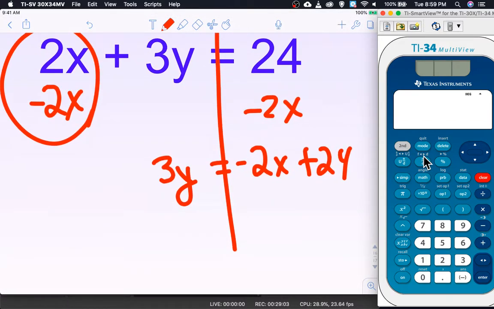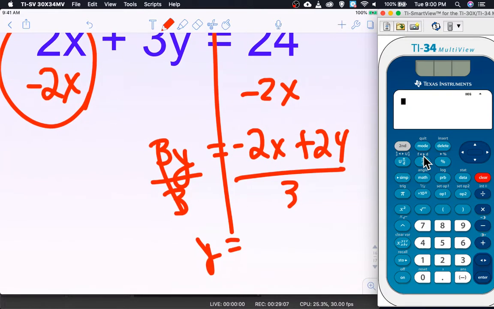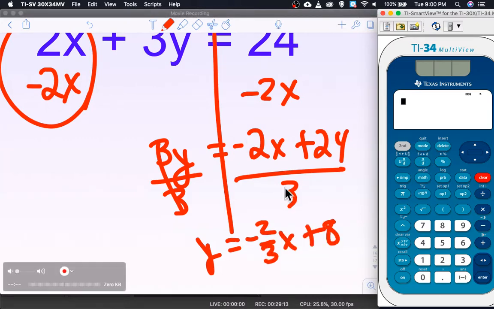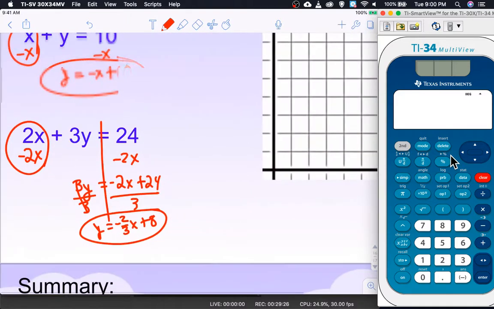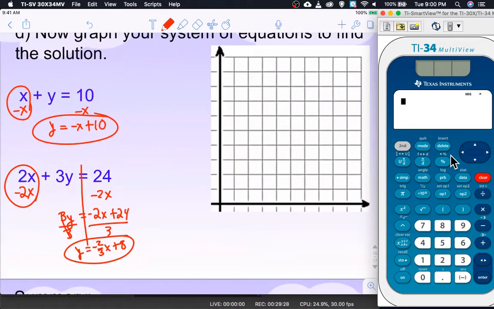To solve for y, I'm going to divide by 3 on both sides, and y equals negative 2/3 x plus 8. So now I have both of my equations. Let me make that circle a little better. There we go. So now we're going to graph them.